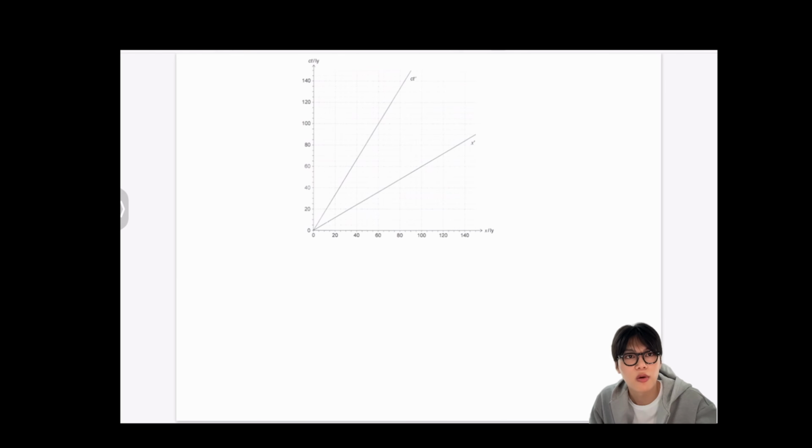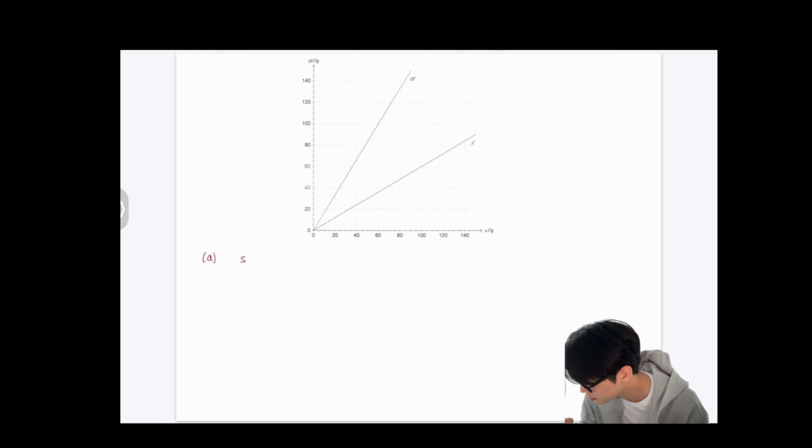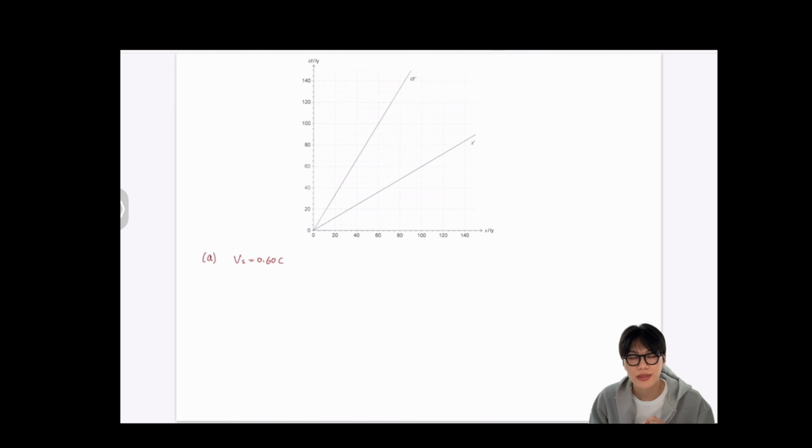So now we have to think about the relativity effect. And they said the spacecraft S has a speed of 0.60c. Then we have to calculate the effect of that speed, right?